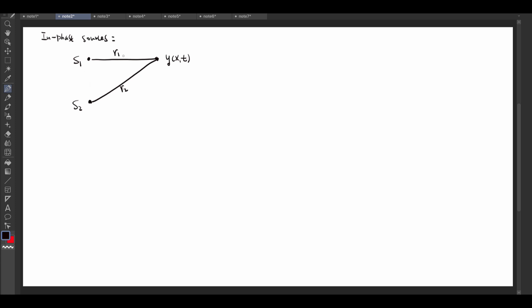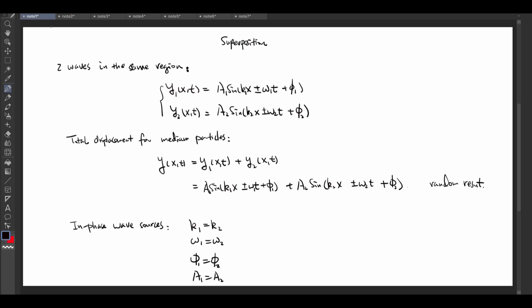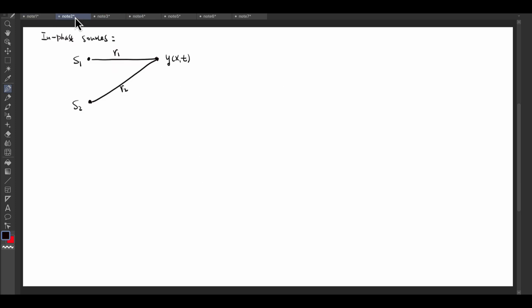Now, if I write down the equation that we had earlier from this page, then y1 due to source 1 is given by a sine k, and x now is replaced by R1. If you look along this R1 direction, then we essentially have a one-dimensional wave propagating in this way.